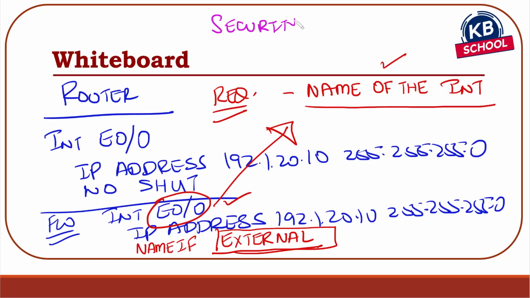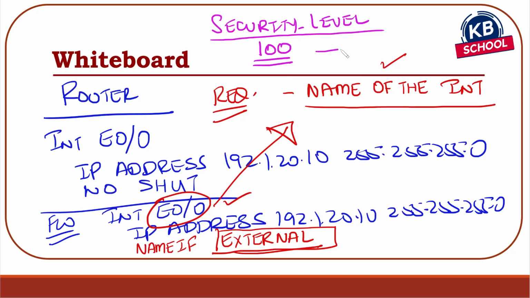The other one, which is even more important, is what is known as the security level. Another required component. Security level determines how secure is traffic on this particular interface. Is this something that I control? Is it trusted or is it untrusted traffic? The most trusted traffic is traffic coming from an interface with a security level of 100, which is the highest security level.